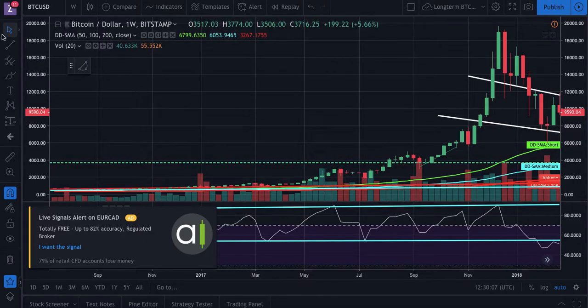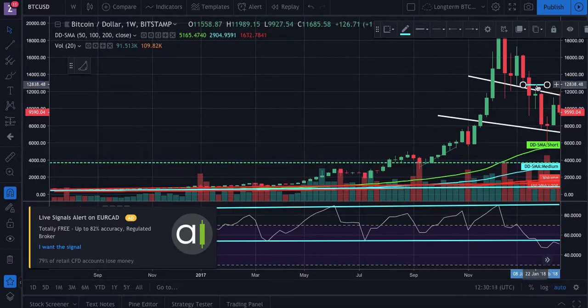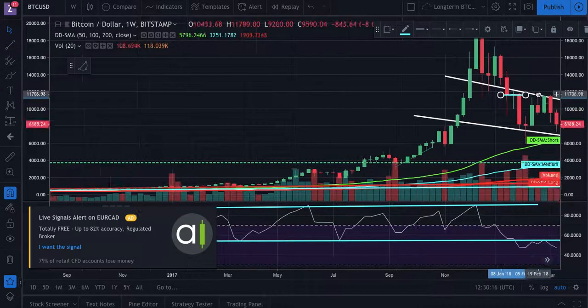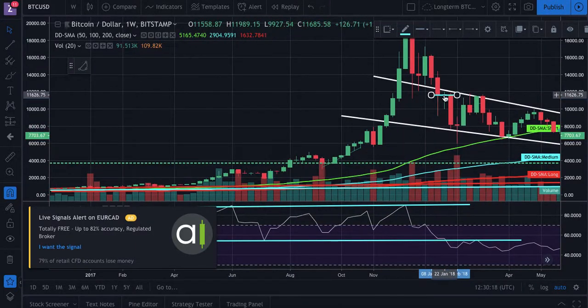So we just put the resistance line there. We can put it a bit lower than it is, in any case. So let's put it at 11,000. Let's put it at 11,500. There you go. The resistance line is there.